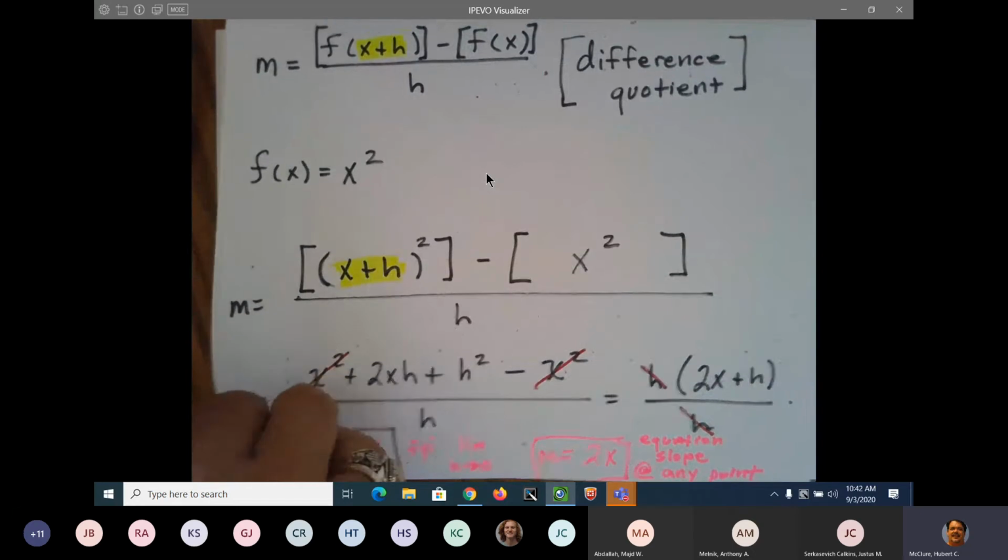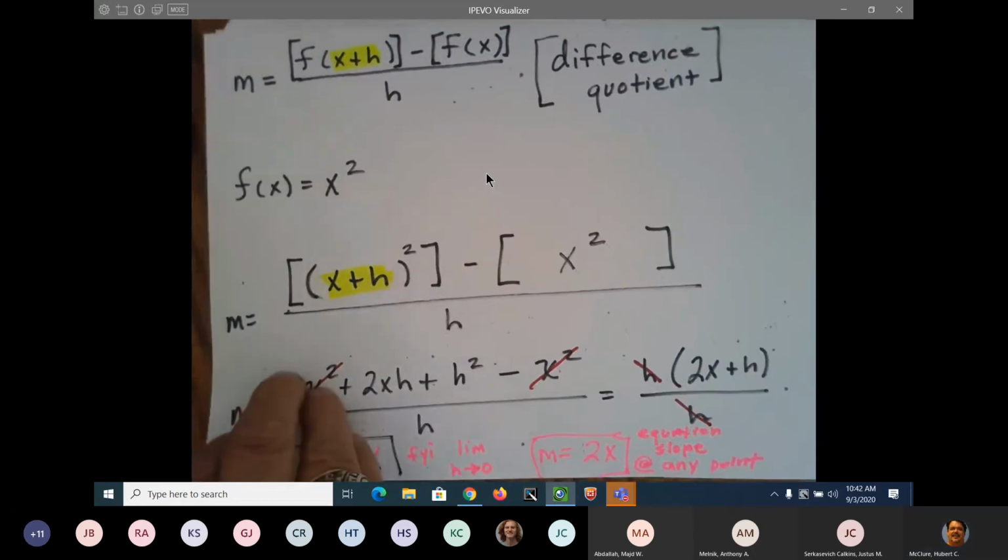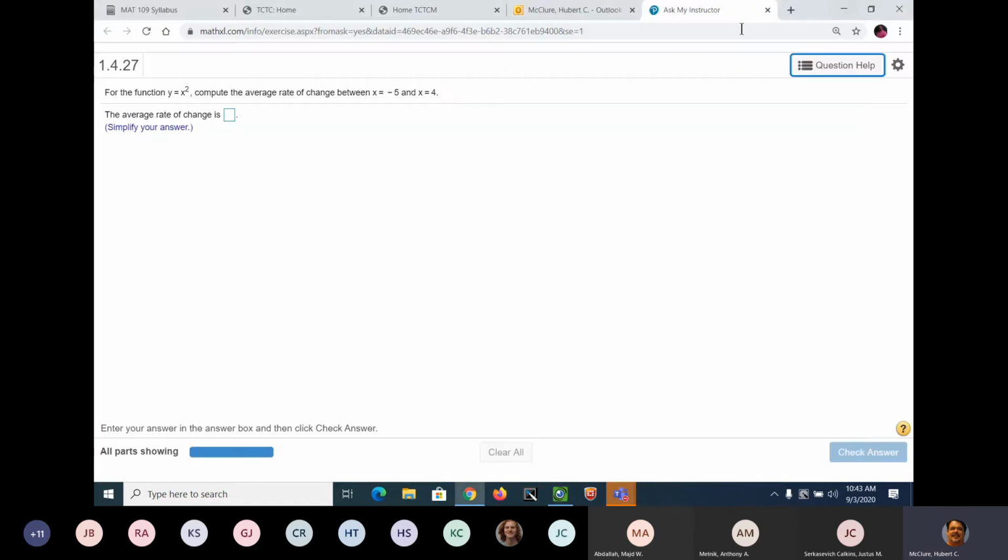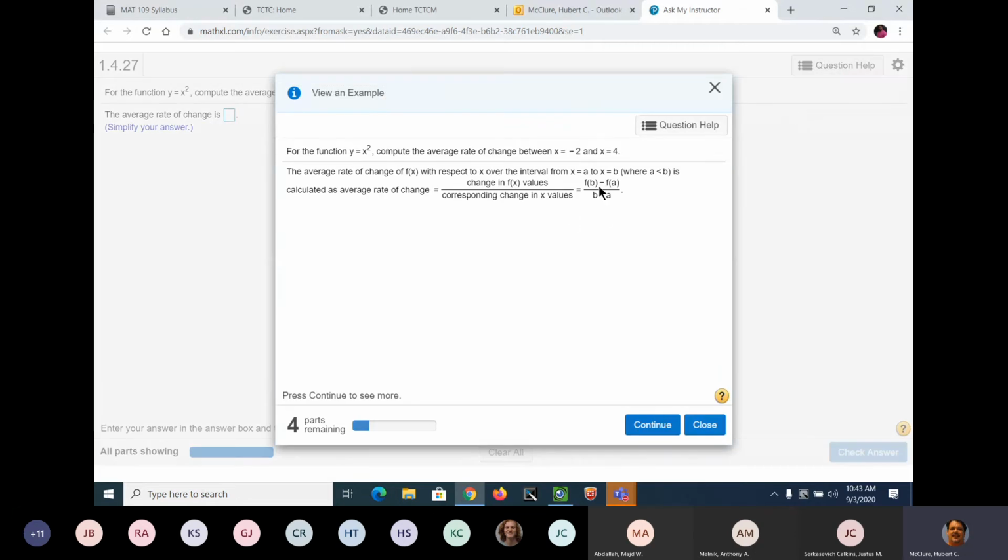Okay, with that being said, let's go back to the question. And I need to look and see where they're heading with this question because I don't want to put too much calculus. There's the difference quotient right there. Okay, they want you to plug and chug.